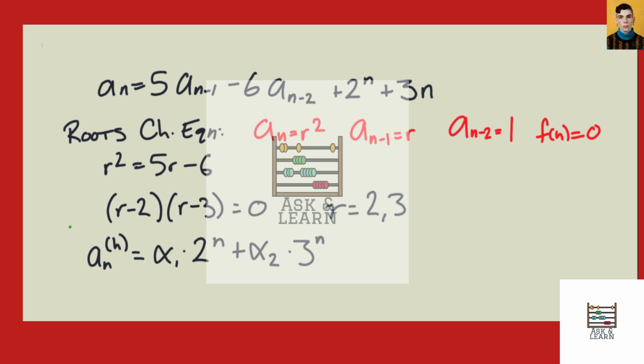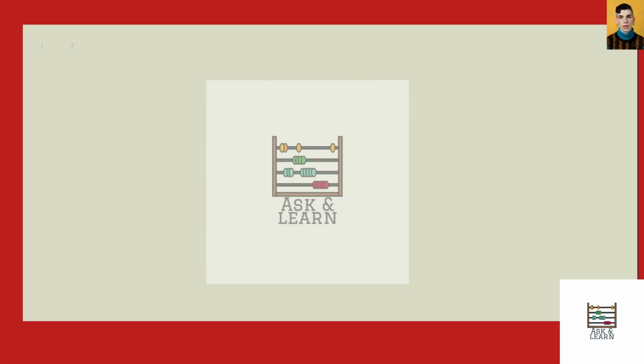So we're just going to have this in our pocket for when we're ready for it and figure out the particular solution component. So the particular solution, we have f of n being equal to 2 to the n plus 3 times n. So those were the components we said equal to 0 previously.